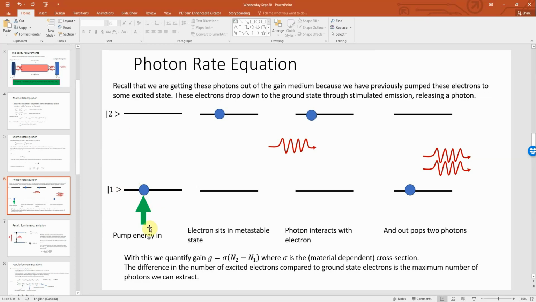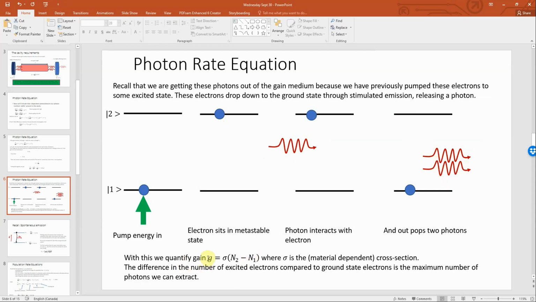So we're pumping this gain medium with some energy, and we're exciting these electrons or atoms or molecules or whatever to some excited state. We'll call that level 2, and it sits in this metastable state for a while, and then a photon comes in and extracts energy out of this. And so now this state has dropped back down to level 1, and we get another photon come out. And this is the stimulated emission.